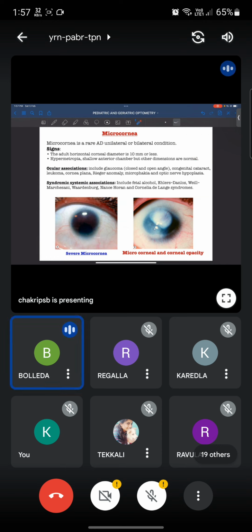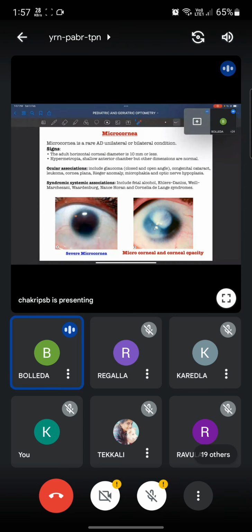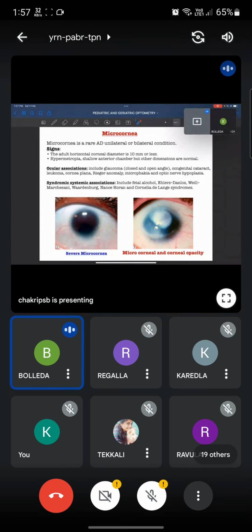So what is AD? Autosomal dominant. Autosomal dominant means it is passed from the parents to the next generation, the offspring.